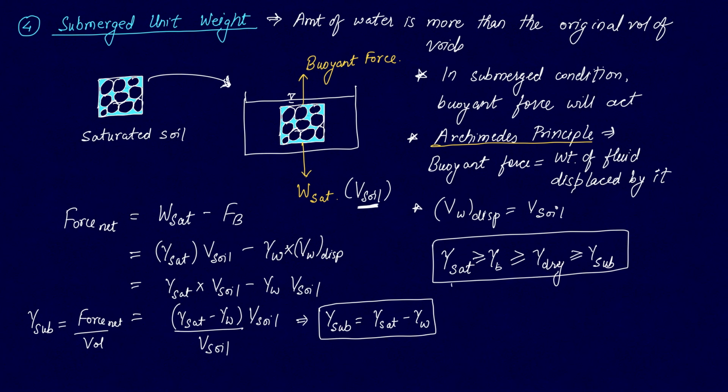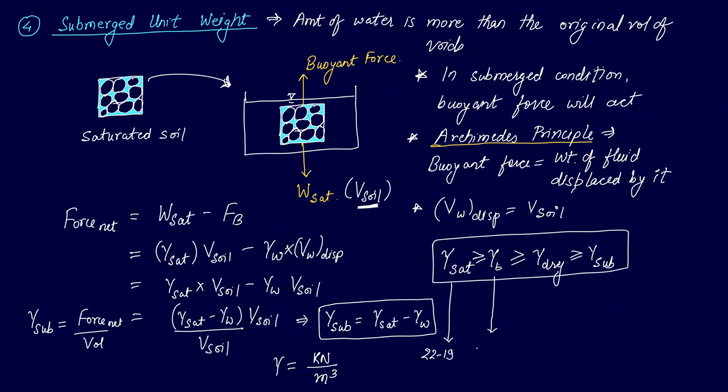And if I talk about the general values here, first let us know the unit of this gamma. This is weight, and weight is calculated in kilonewton, and volume is calculated in meter cube. Yes or no? So the gamma saturated value lies between 19 and 22.